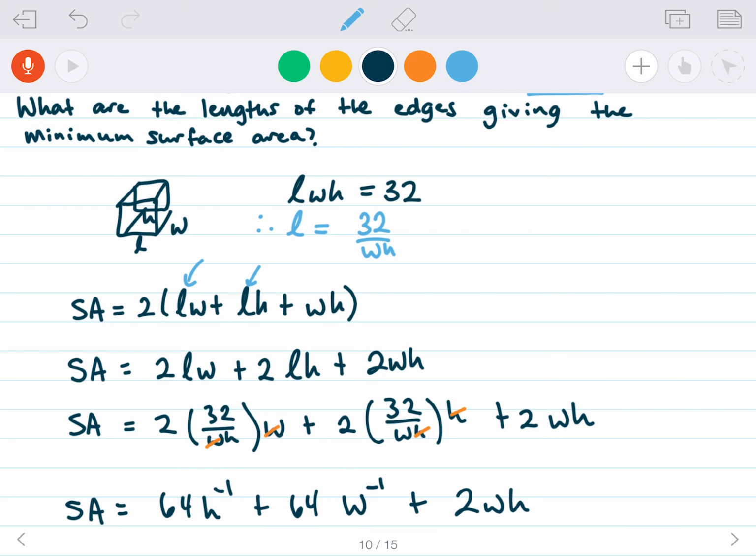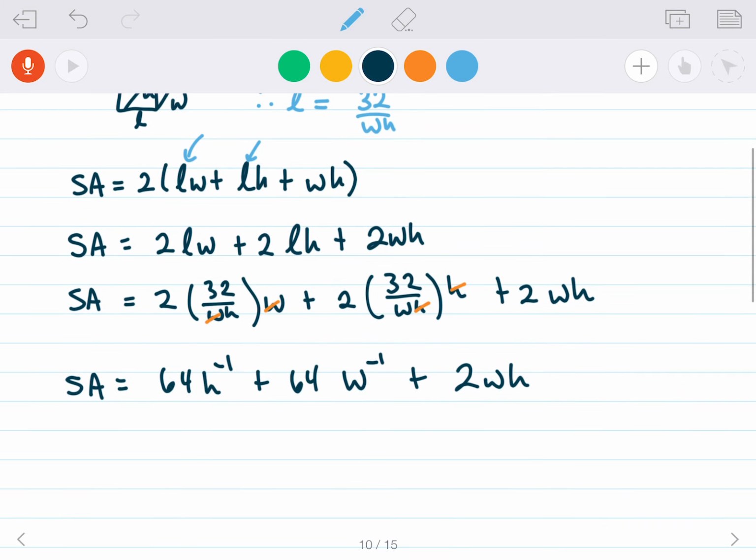To do that, I need to take my partial derivatives and set them equal to 0 to find my critical numbers. If I take the derivative with respect to h, I get negative 64h to the negative 2, regarding w as a constant since we're taking the partial with respect to h, and then plus 2w.